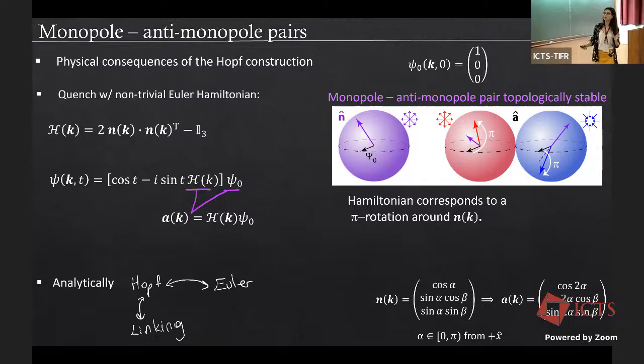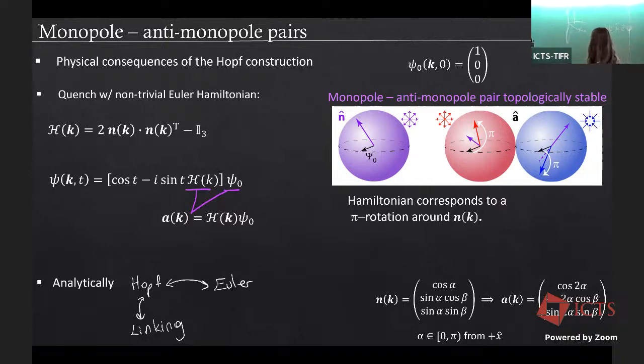And then more interestingly, this evolution itself can be identified as a pi rotation of the Hamiltonian. So that's what I encoded here as pi. How I can identify this as a pi rotation is, this is actually not conventional, but normally I have sine theta half, some h, sigma, some psi here, for that evolution.